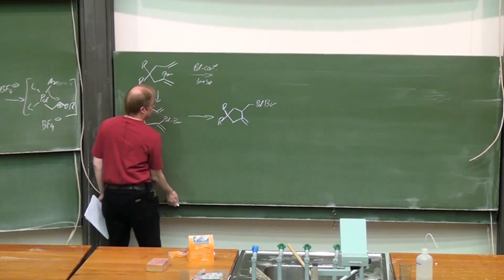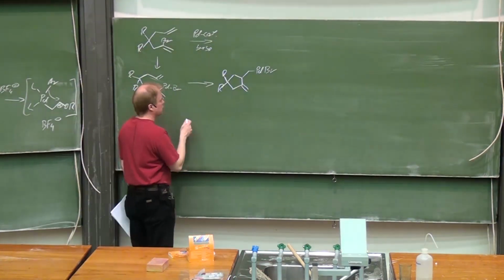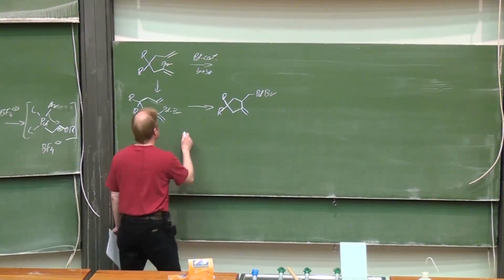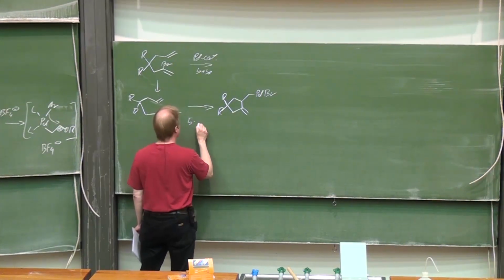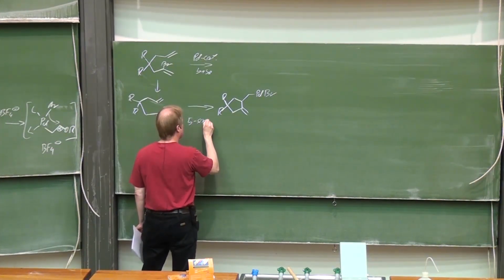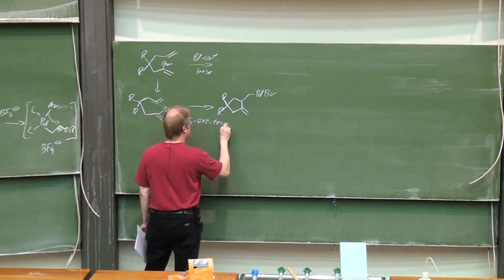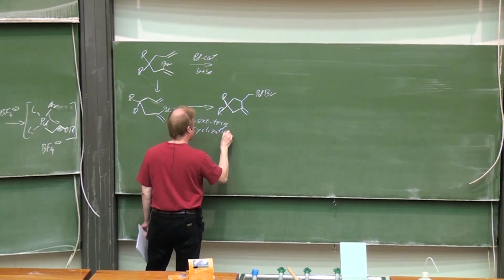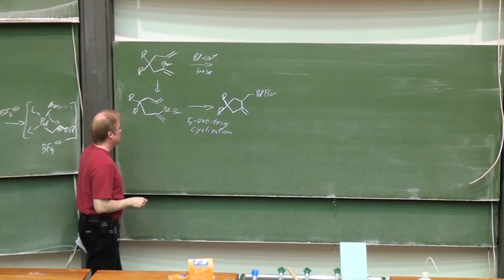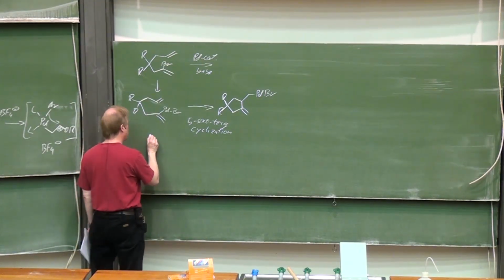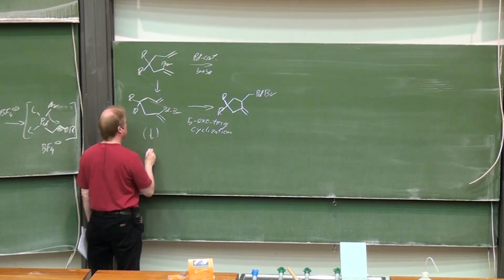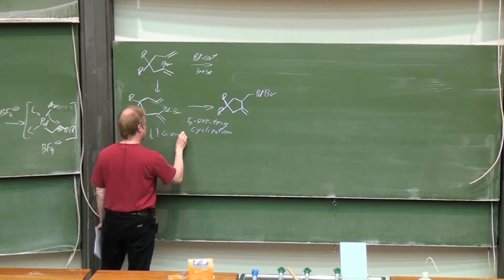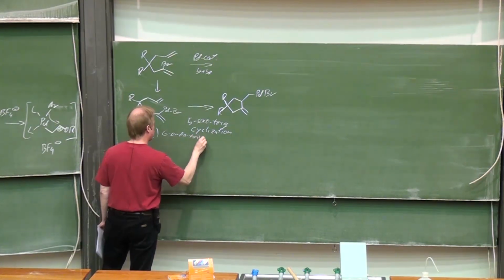That means it is, according to the Baldwin classification, a 5-exo-trig cyclization, which is preferred to the 6-endo-trig process.